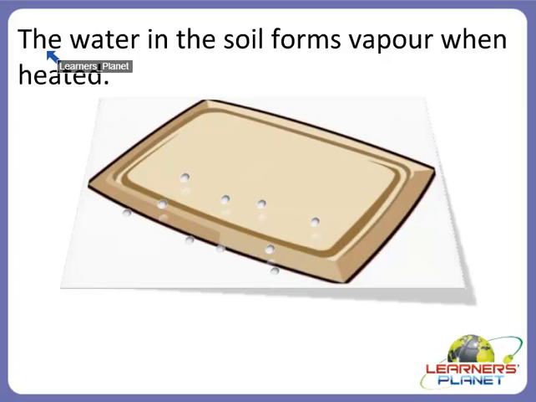He noticed that the water in the soil forms vapour when heated. So children, how did he come to know this? When he opened the lid, he noticed drops of water. He observed the drops of water on the lid, and this shows that soil contains water.